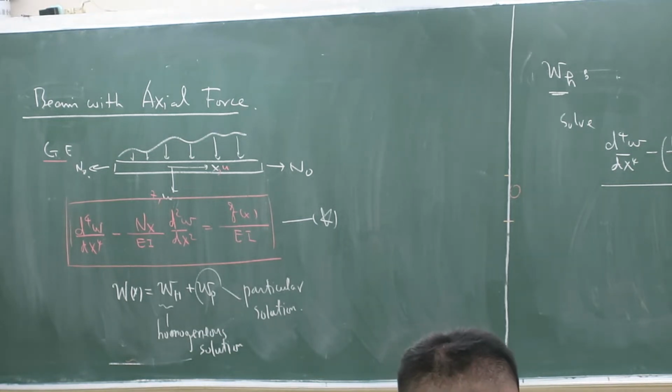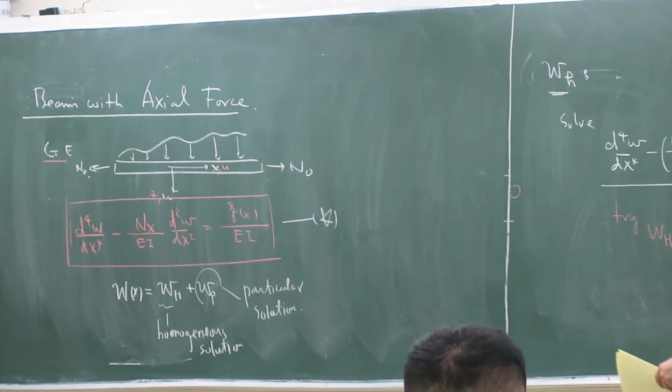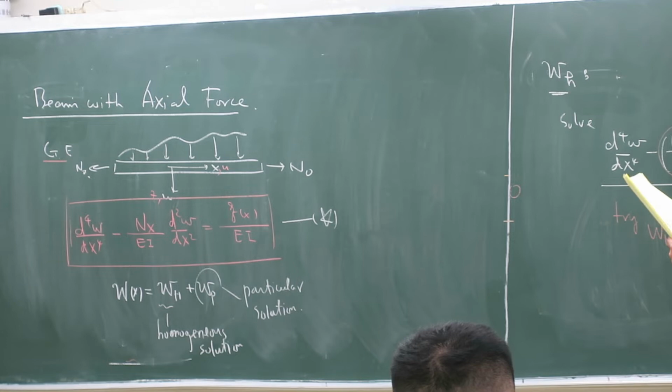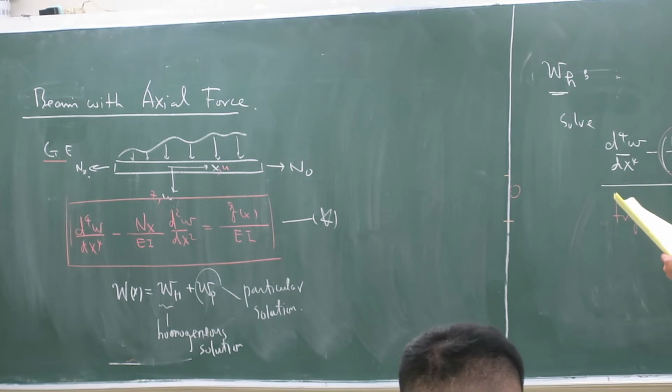So let's try WH equal to exponential alpha x, right? And I define lambda square equal to N0 over EI. Is N0 or Nx the same? Okay, yeah.